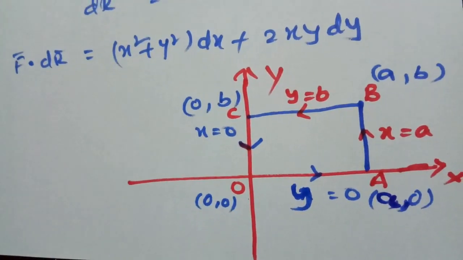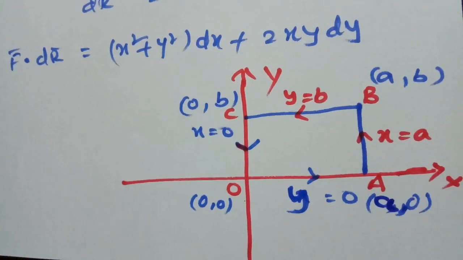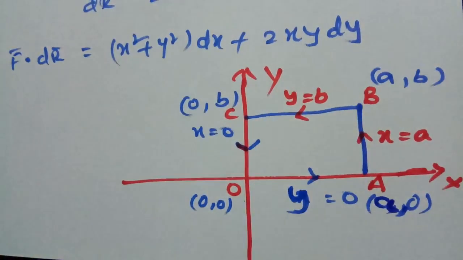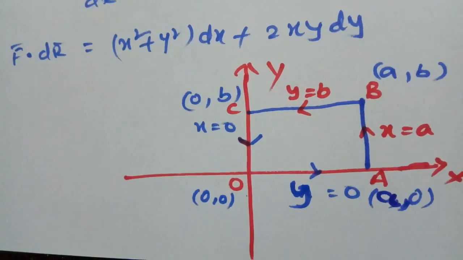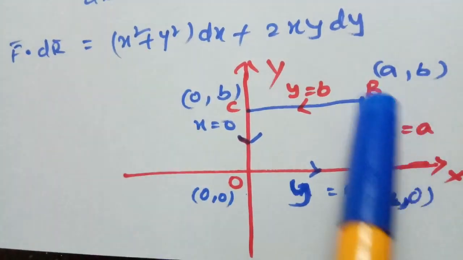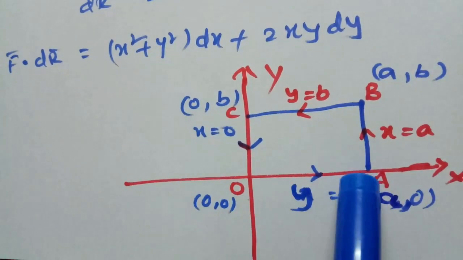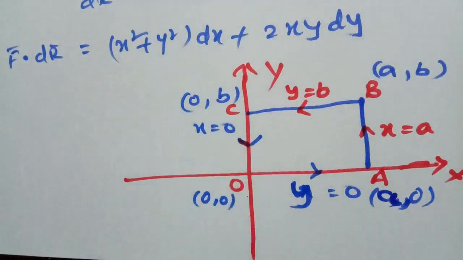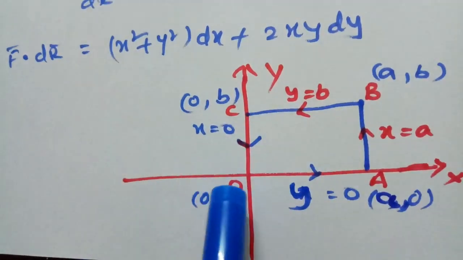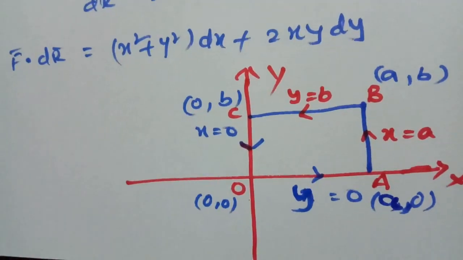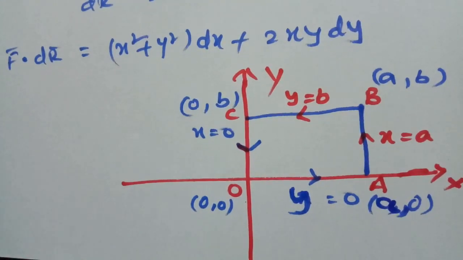Now our curve consists of 4 straight lines: one is OA, another is AB, the third is BC, and the fourth is CO. So to find the line integration along this rectangle, we have to find the line integration along OA, along AB, along BC, and along CO, and then add them. Then we get the line integration along the entire rectangle.